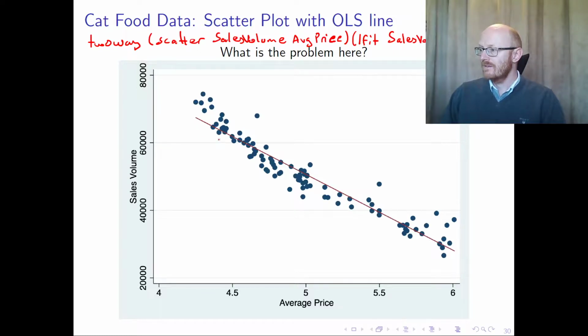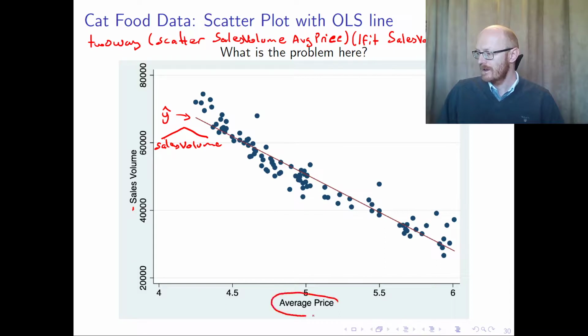So what we have here is the y hat, which is the sales volume hat, and we see that we have sales volume on the y-axis and the average price on the x-axis.